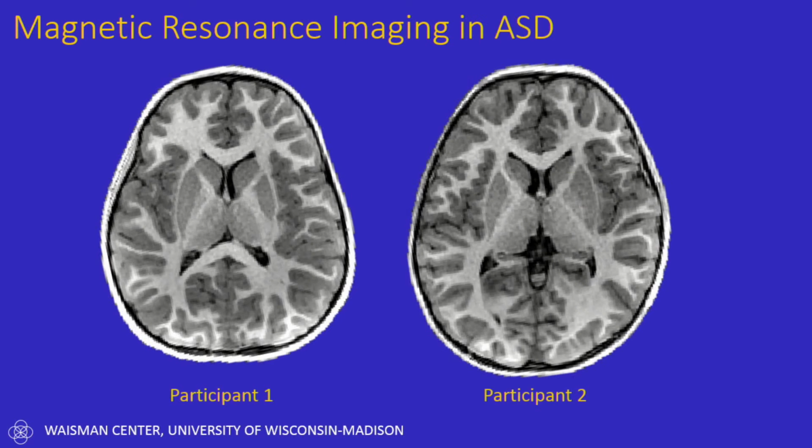But if we were to look at two participants, one that has autism and one who may be a typically developing control, those differences are much more subtle, or at least not visible with some of these traditional imaging methods.